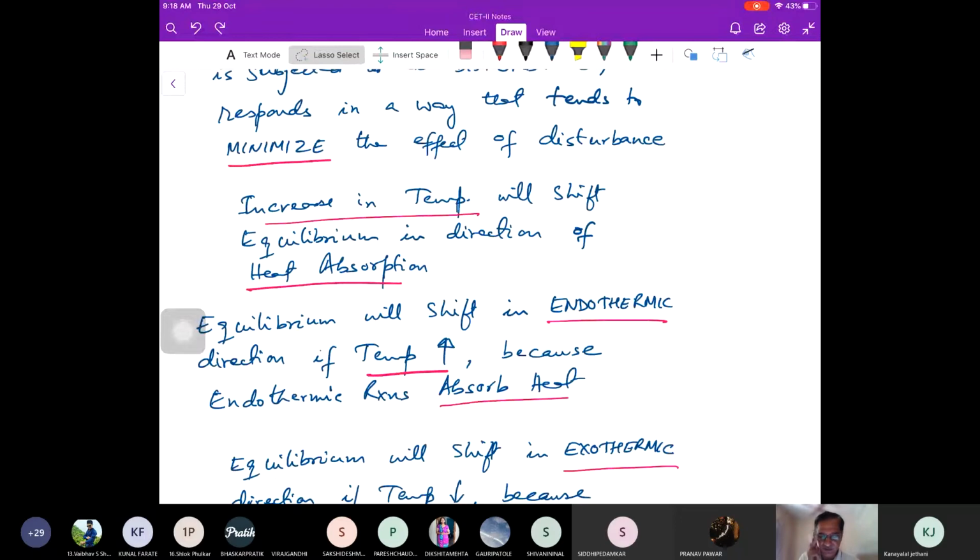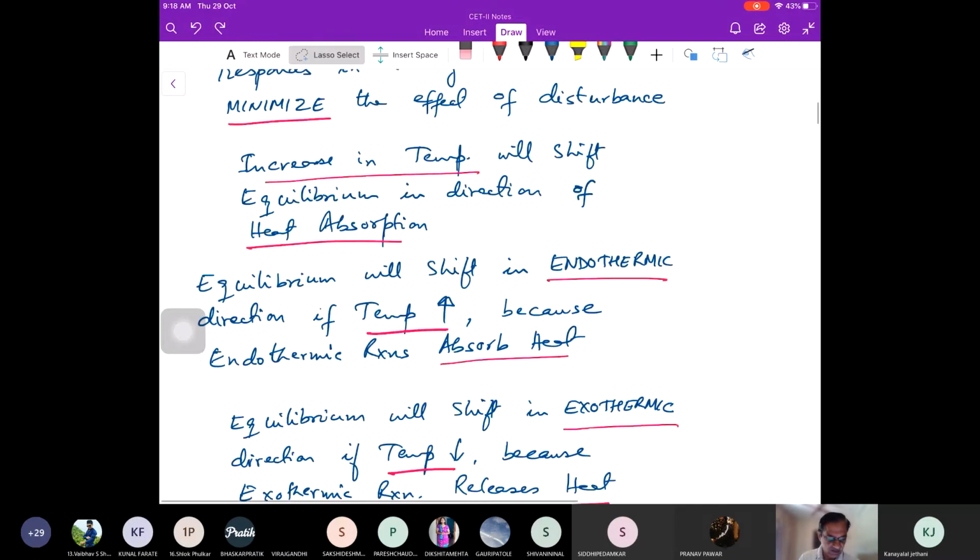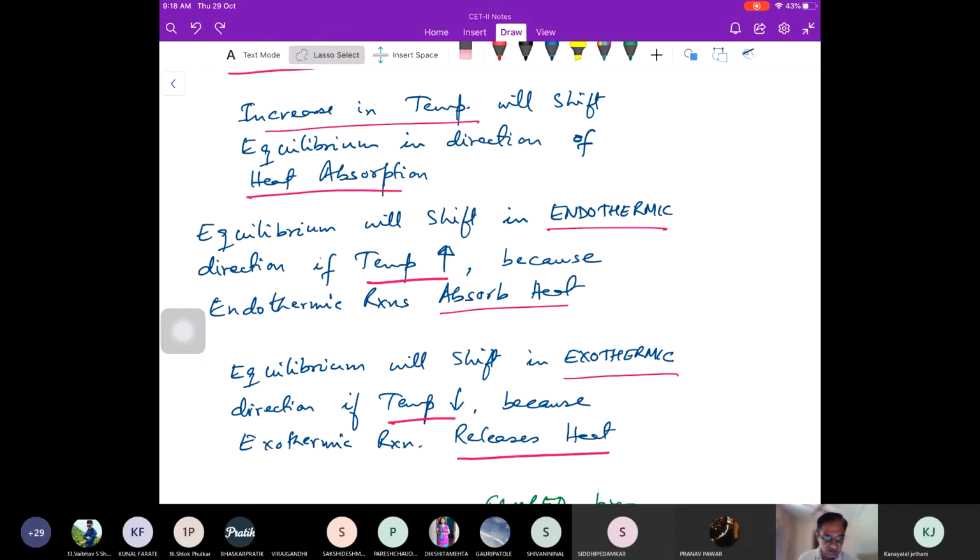Decrease कैसे होगा temperature? Right? So when I increase the temperature, the reaction will proceed in that direction, which is endothermic. That means it absorbs the heat. So equilibrium will shift in endothermic direction if the temperature is increased, because endothermic reaction absorbs heat.